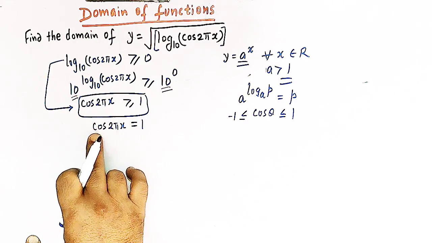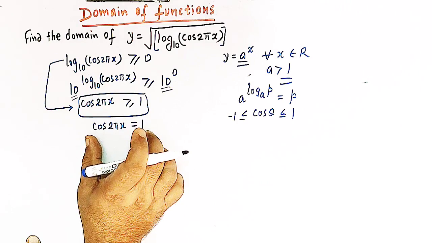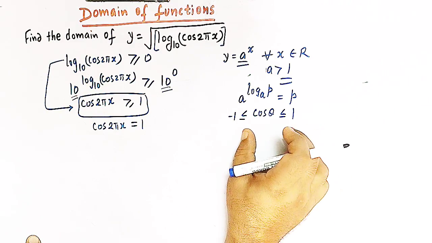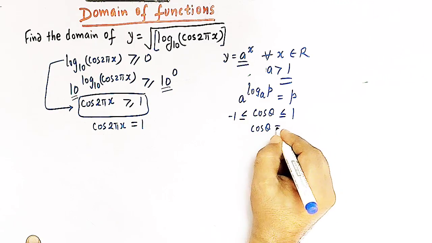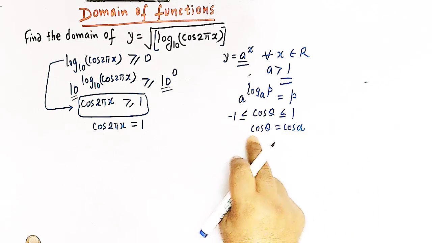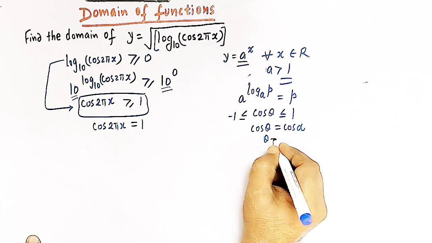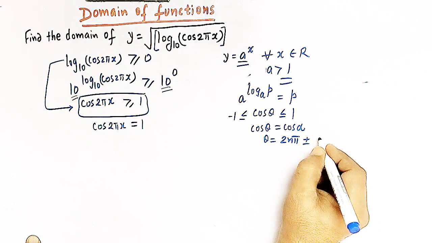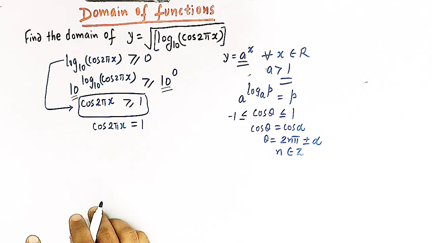So now this is a trigonometric equation, and in order to solve this trigonometric equation, we'll make use of this result, that is when cosine theta is equal to cos alpha, then the general solution of this kind of trigonometric equation is given by theta is equal to 2n pi plus minus alpha, where n belongs to the set of integers, right?